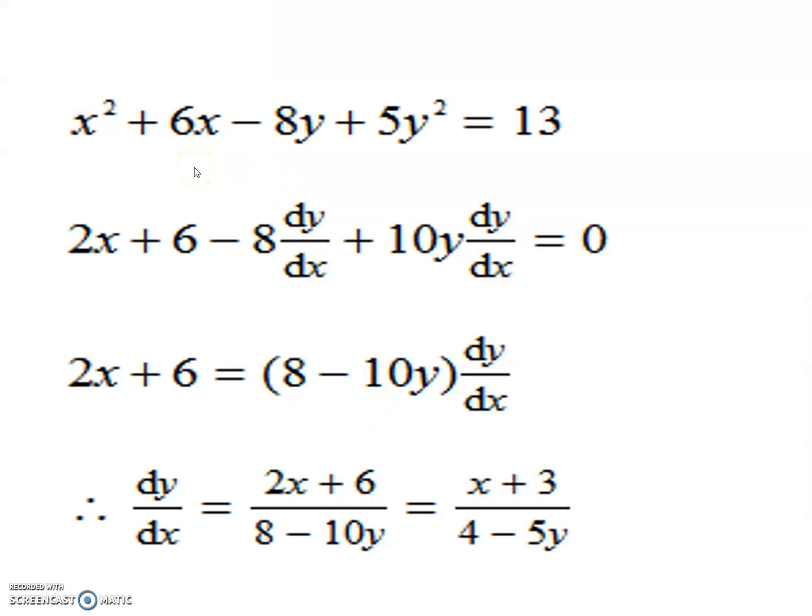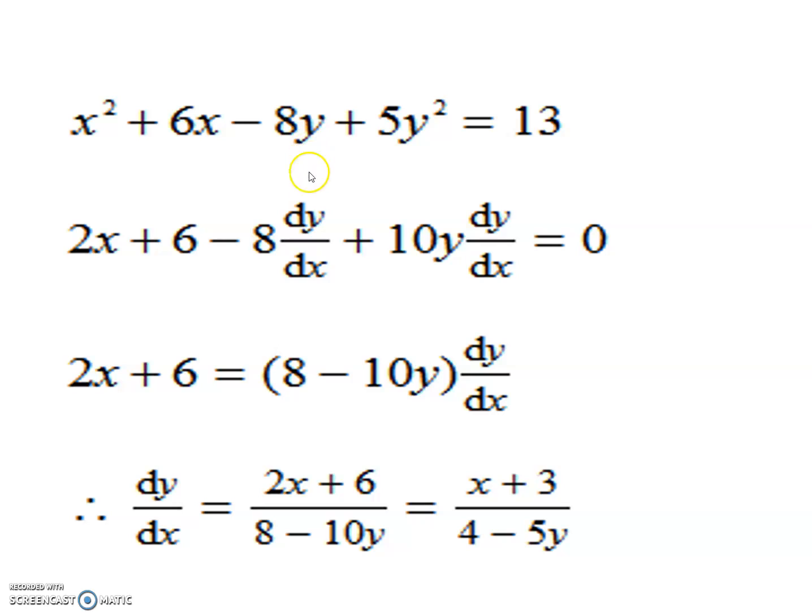Now we take the example x square plus 6x minus 8y plus 5y square is equal to 13. We have to take the derivative of both sides, that is differentiate with respect to x. We know the derivative of x square is 2x, the derivative of 6x is 6. Why? Because the derivative of x is 1.